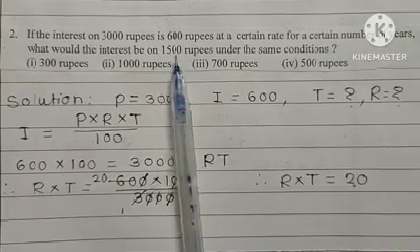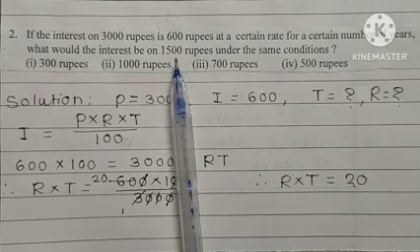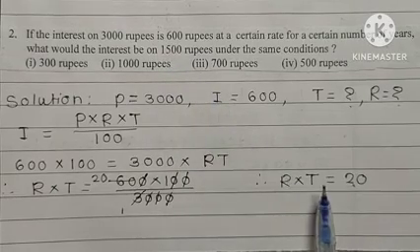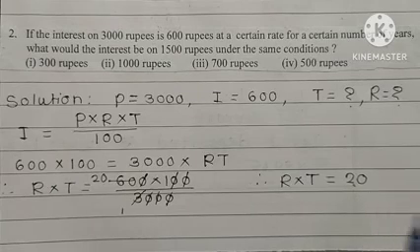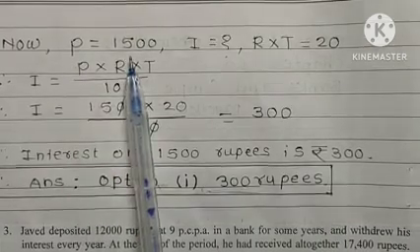Now this is the principal amount. R and T again not given, but R into T is 20. So we have to calculate simple interest. So now P is equal to 1500.